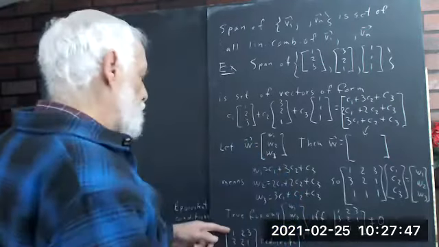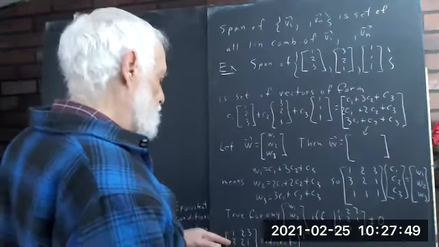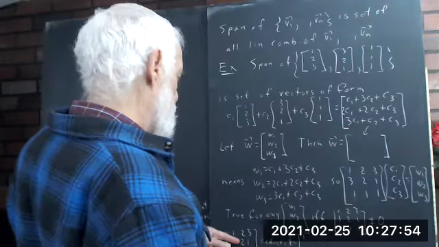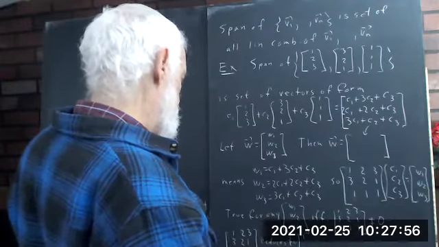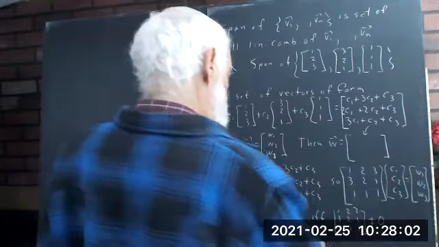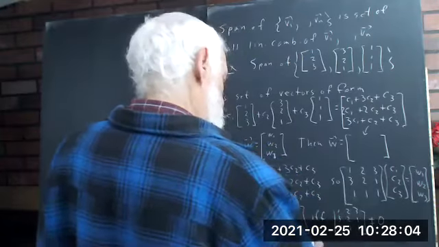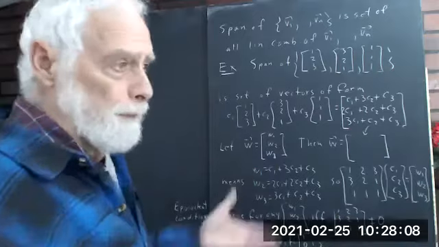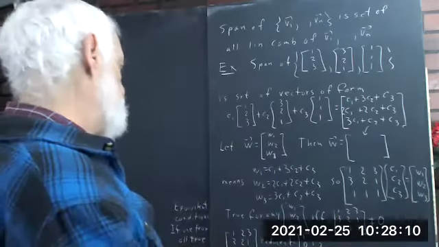If I subtract 3 times the first row from the second, I'm going to get a -4 here and a -8 here. And a -4 and a -8, dividing through by -4, gives me 1, 2. You can verify this if it's true, and you can fix it if it isn't.